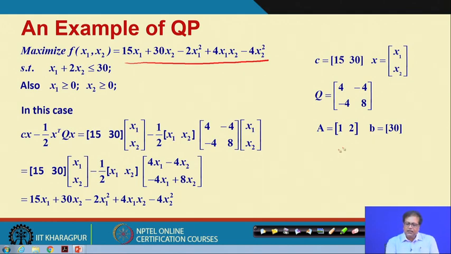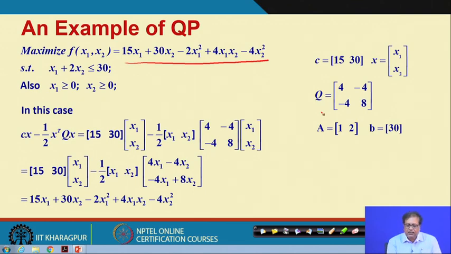Why is the A matrix like this? Because it is a row vector, because there is only one constraint. If we had more constraints, then it would have looked more like a matrix, because there is only one constraint, A is a simple form. Now, why should Q be like this?